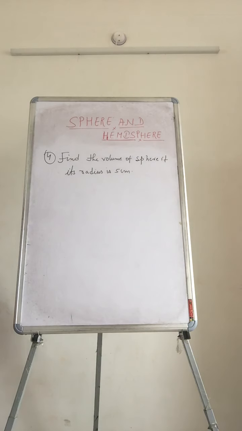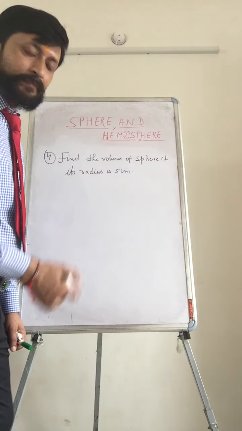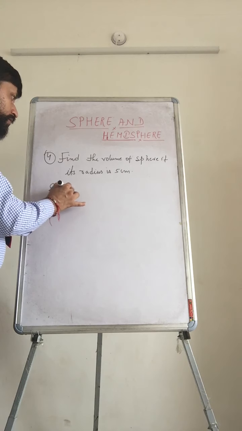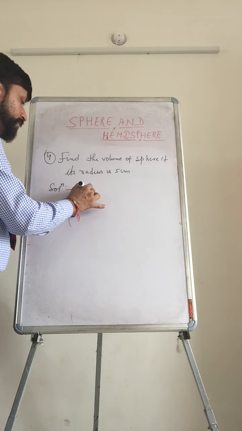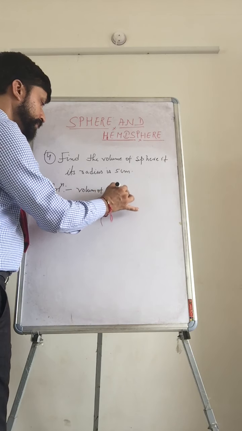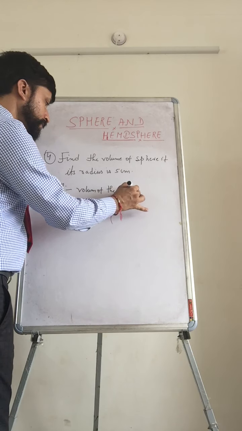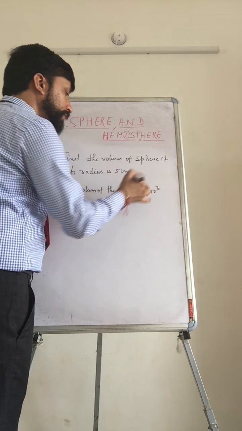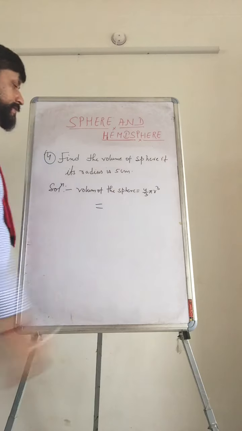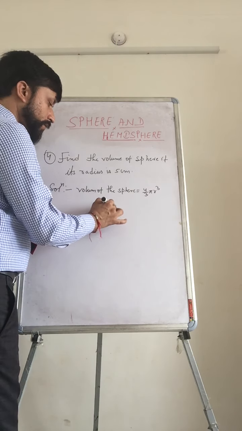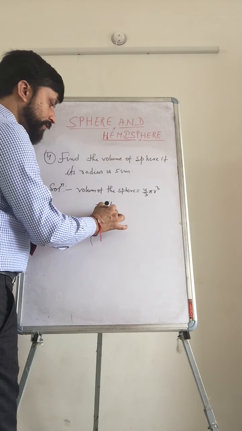Find the volume of a sphere if its radius is 5 centimeter. Very easy. Solution. Volume of the sphere equals 4 by 3 pi r cube. Now we have radius 5 centimeter, and the value of pi we know, which is always 22 by 7.